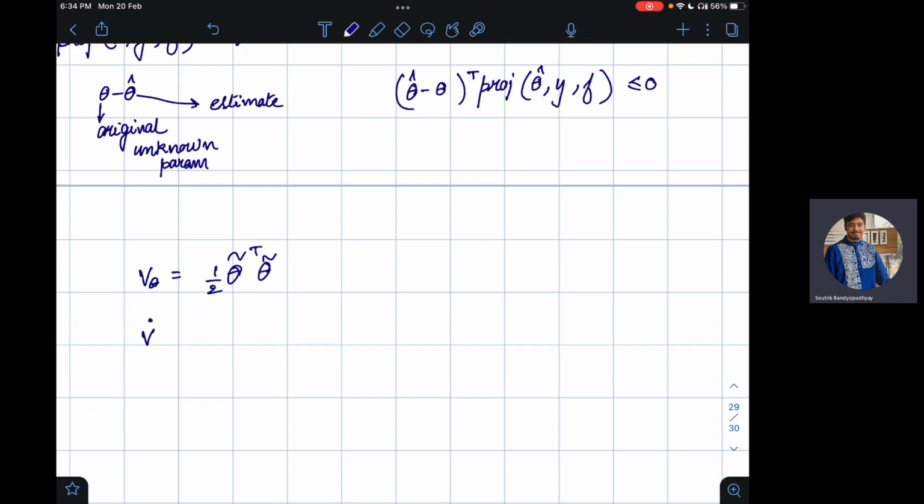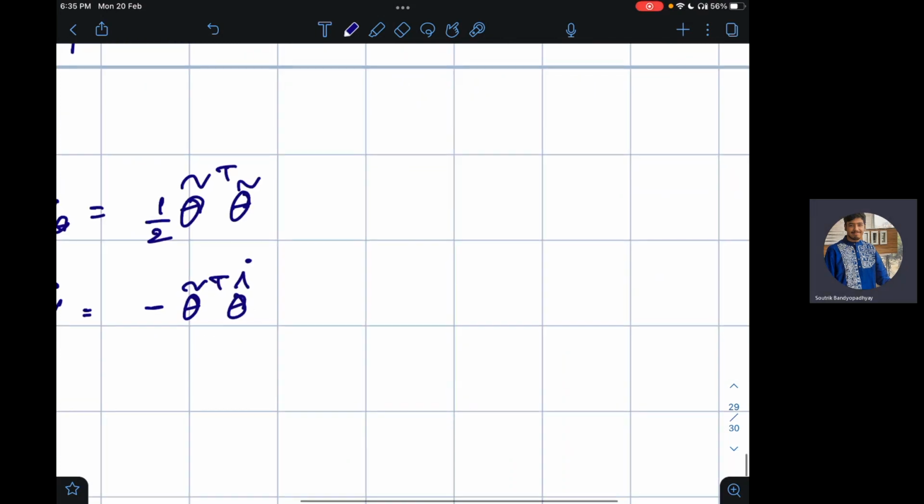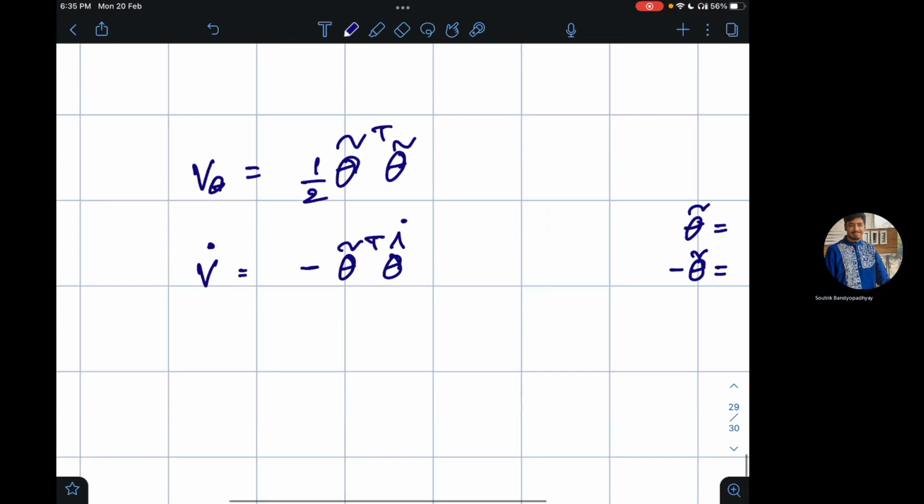When you compute the time derivative, it essentially boils down to theta tilde transpose theta hat dot with the minus sign, right? Now, theta tilde is often defined as theta minus theta hat, and thus theta tilde negative would be theta hat minus theta.